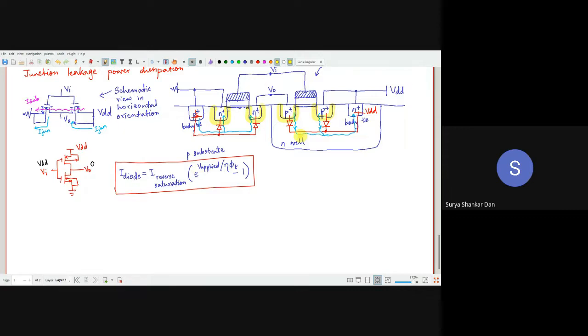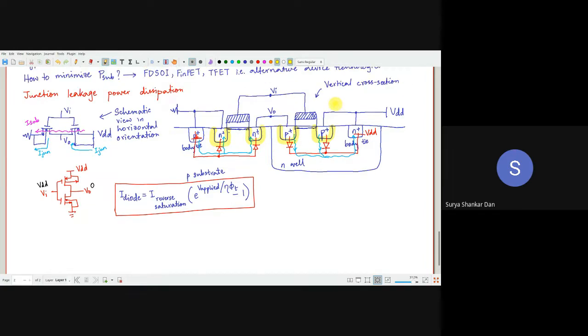I diode is there. However, when you have essentially applied the biases when the transistors are not operating, okay, then what is the situation here? Let's see. You have applied VDD here, and VDD, okay, let me just put here.